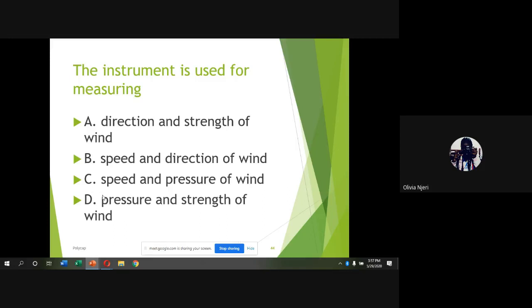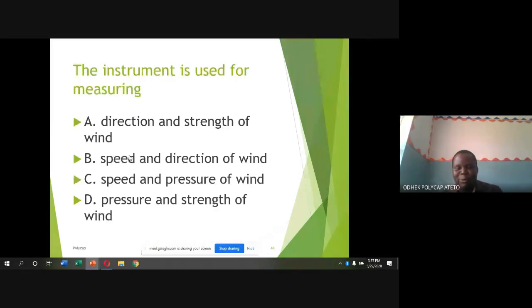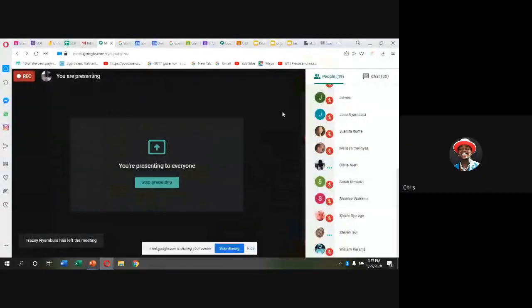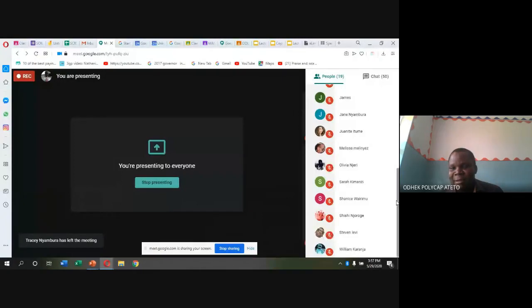Speed is measured by an anemometer and pressure is measured by a barometer. And D, pressure and strength of wind. Pressure is measured by a barometer and strength of wind is measured by a windsock. Okay. So the answer becomes A. Very good. You are the person who has answered the question the way I want them to be answered. That's correct. Thank you very much for that.